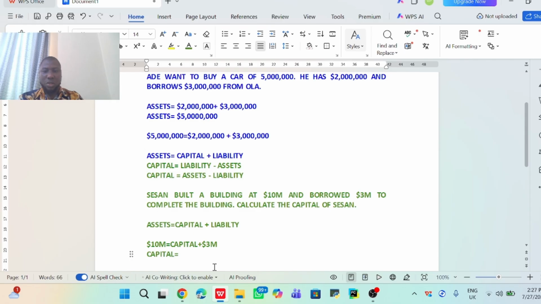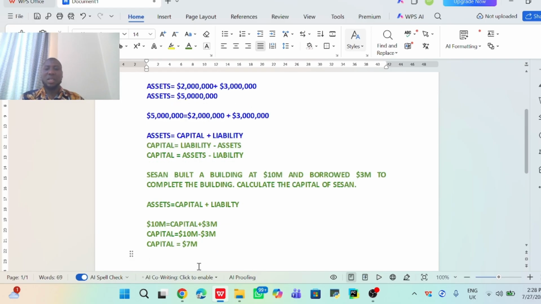Now, to calculate our capital, capital will be equal to 10 million dollars minus liability, which is minus 3 million dollars, which gives us 7 million dollars. That means our capital is equal to 7 million dollars.